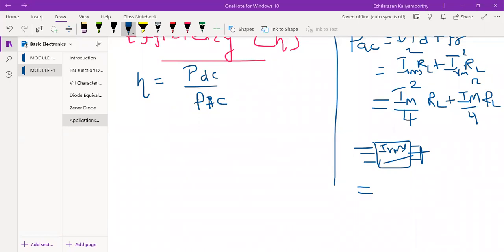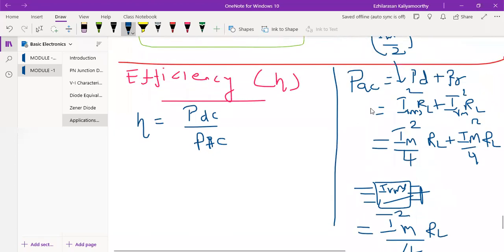So now we get the total AC input power as Im square by 4 into RL. Total input power is I square m, that is Im square by 4 into RL.